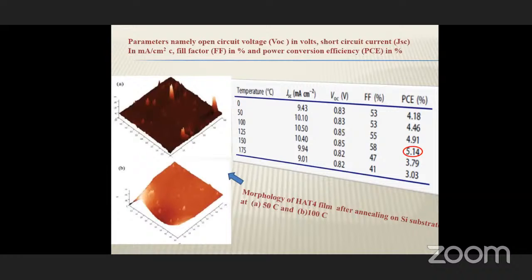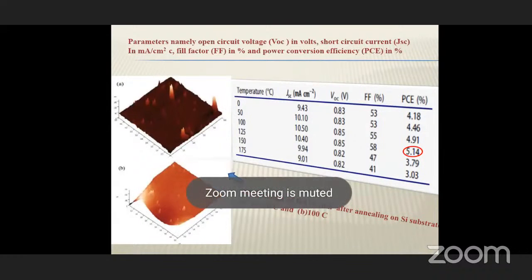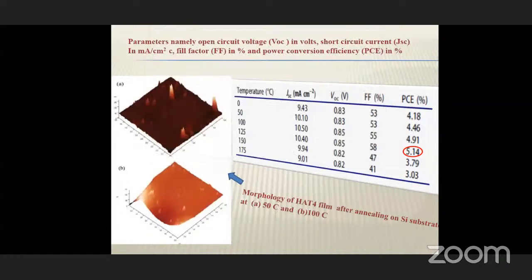So we have performed the annealing of the HAT4 film on the silicon substrates, and overall we can see that the morphology of the HAT4 after annealing at 100 degrees centigrade improves.